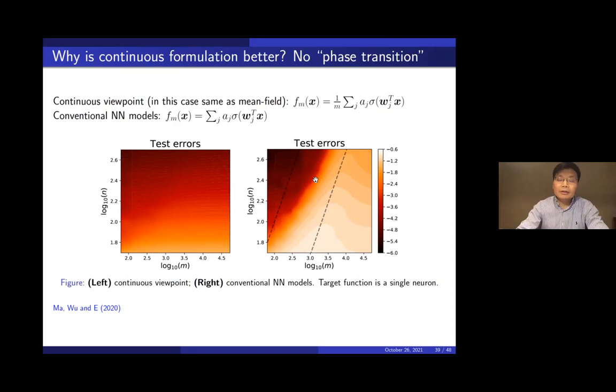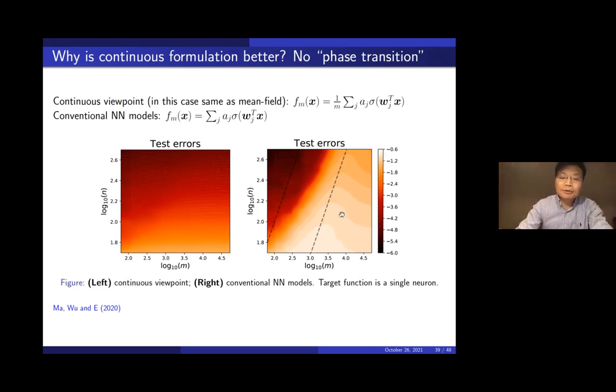If you look at this, there is a phase transition between this phase and this phase, and this is the good phase. This is the phase where the error is small. This is the phase where the error is big. If you are not so lucky and you choose a point, your neural network architecture, that falls in this part, then the error is going to be big.